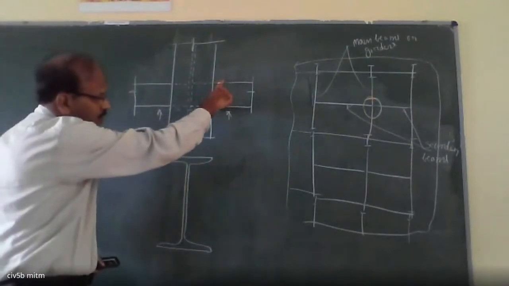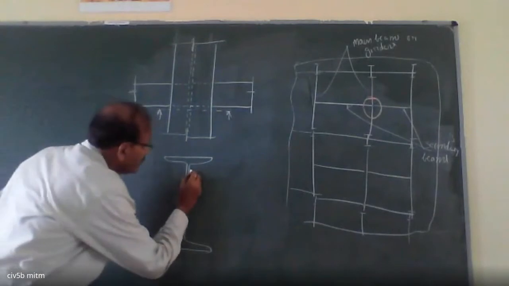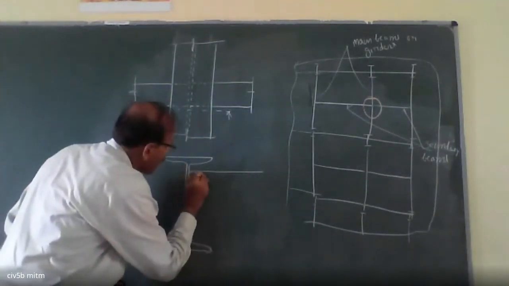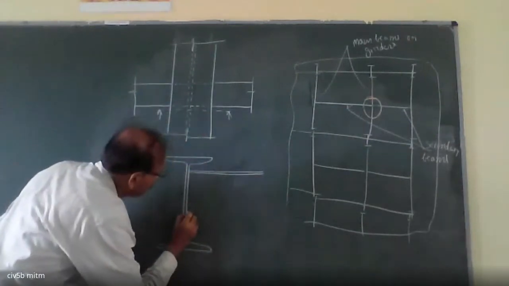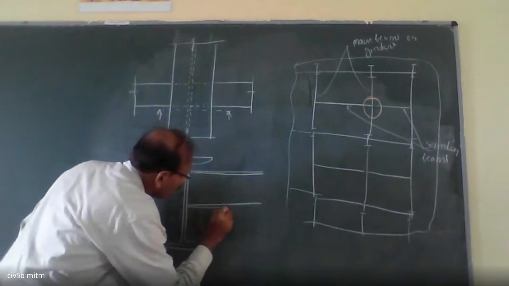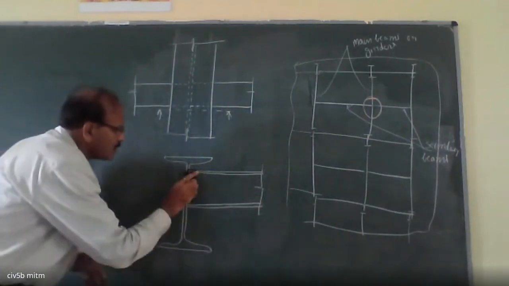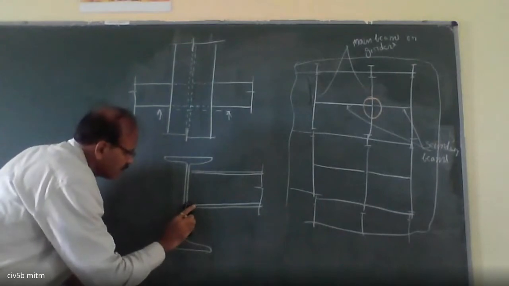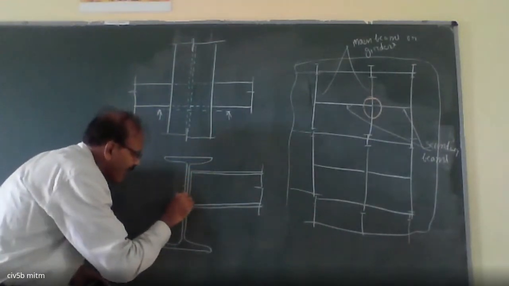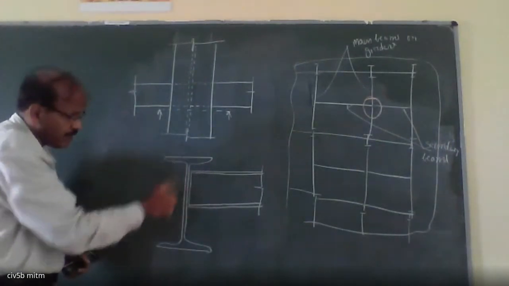Then this beam is coming and sitting here. When you keep this, you are going to maintain some gap between the main beam and the secondary beam.